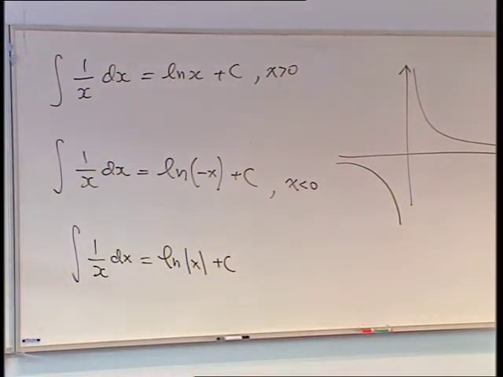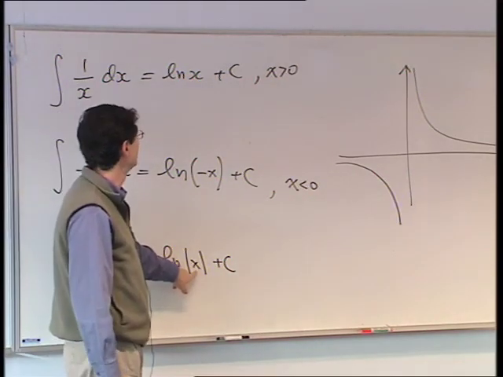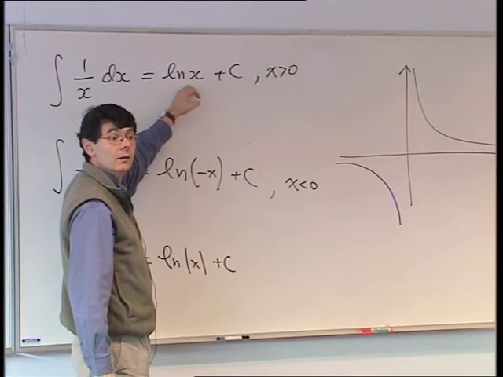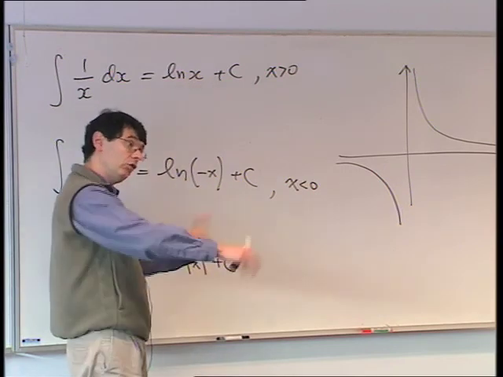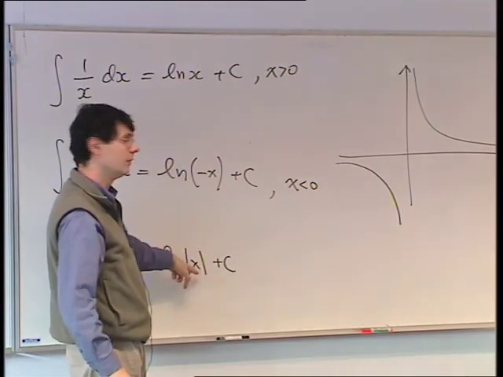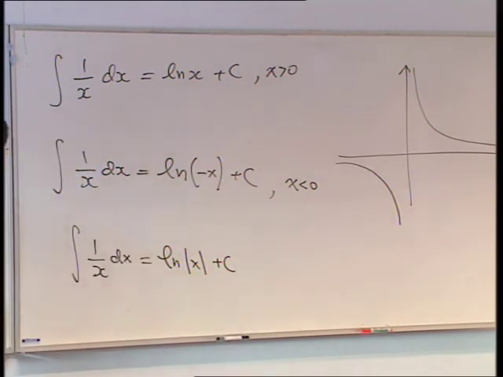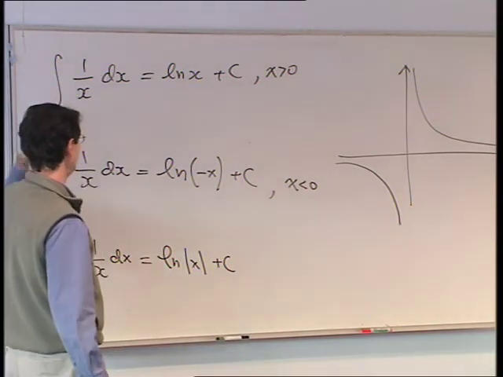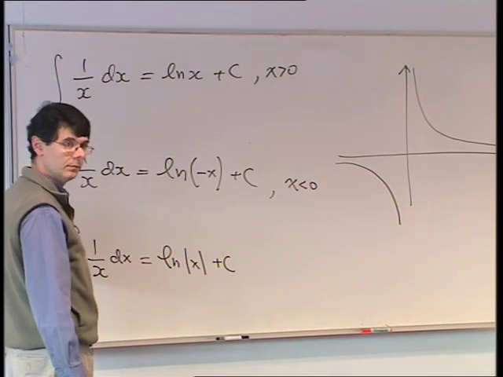That symbol is the absolute value. So if the x was already positive, it's just x. And if the x is negative, it changes the sign to become positive. Okay? That absolute value there is no big deal. It's just to make sure you're taking the log of something positive and incorporating these two formulas together.